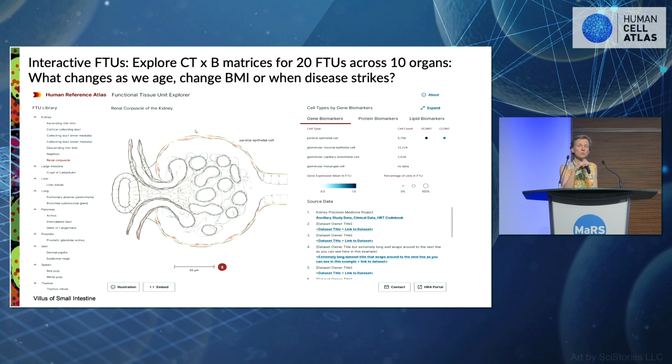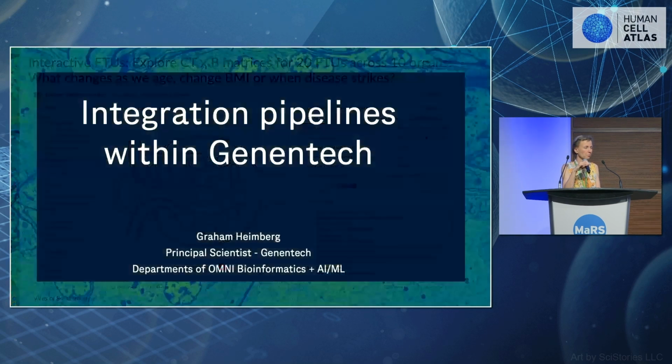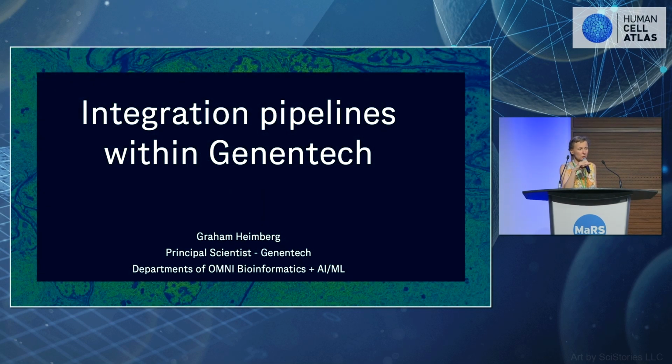And if you have data from, for instance, different age groups in the lower right, you can select those and you can see what happens to these matrices as we age. And if you have healthy versus disease, you could compare and contrast these different types of expression matrices. All right, and this gets us over to Graham's presentation, and you will be amazed to see what they just did.